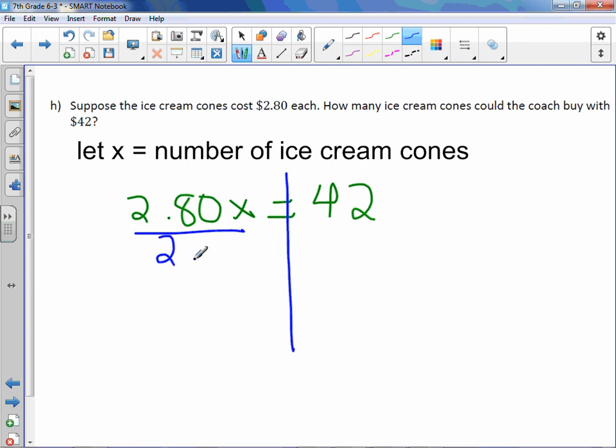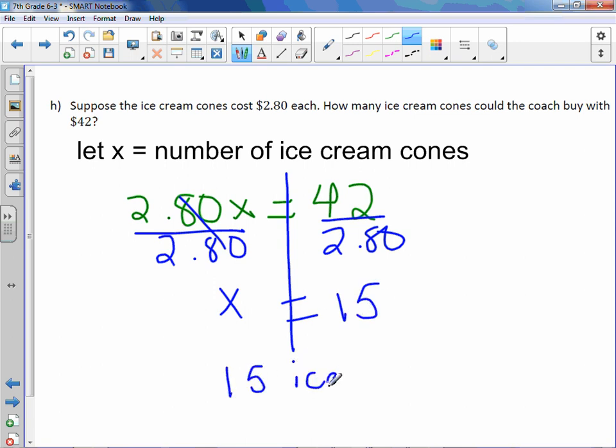Divide both sides by 2.80. So 42 divided by 2.80 is 15. No need to round, it's a whole number. So 15 ice cream cones.